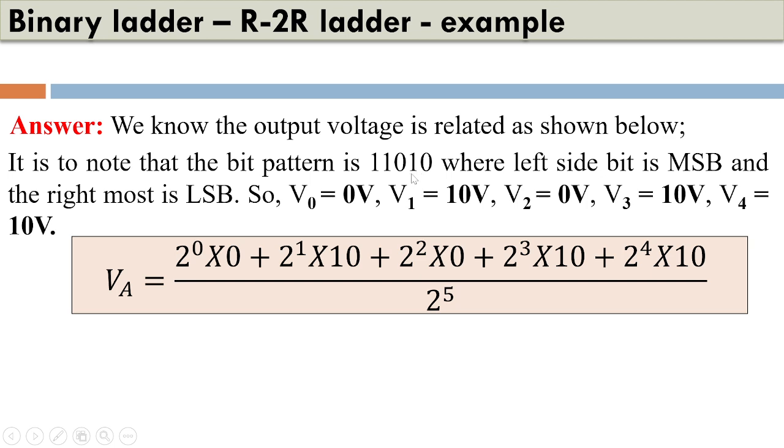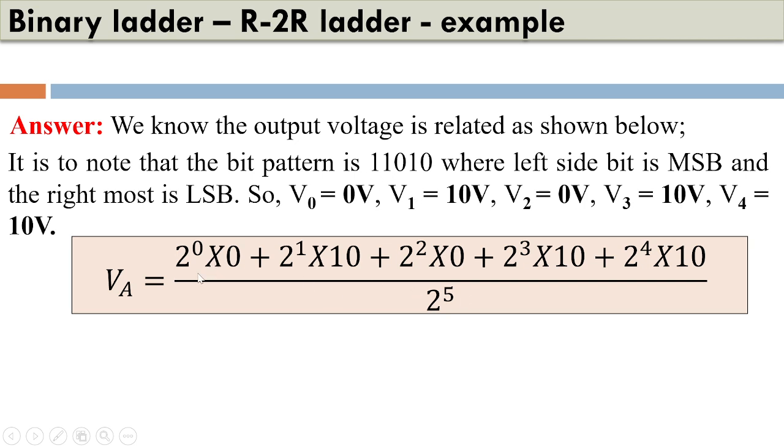V1 is the next voltage at the input, which is 10, so it has been replaced by 10. Now V2 is again 0, it has been replaced by 0, and V3 is this, which is again high, it is replaced by 10, and similarly V4.